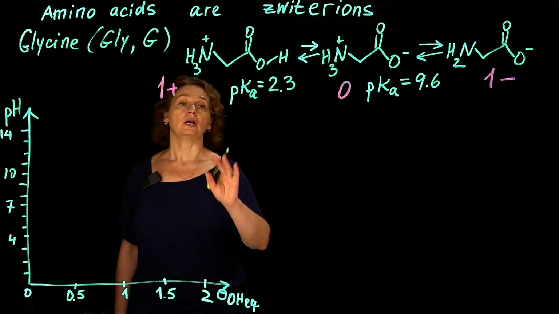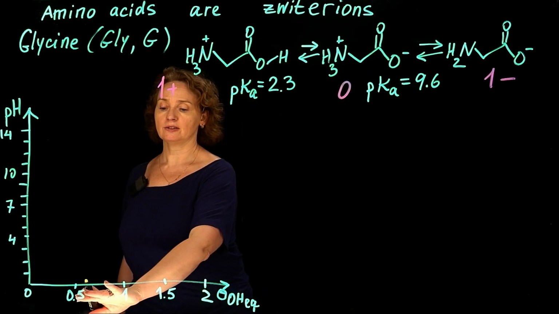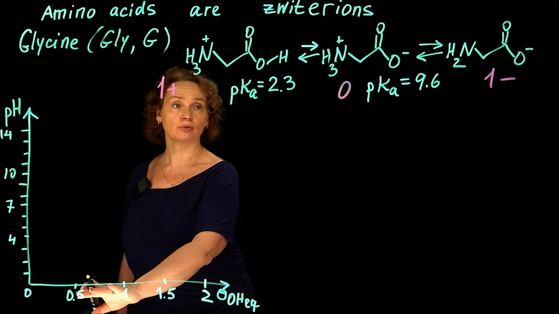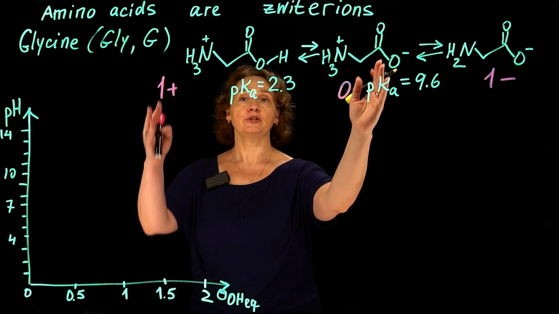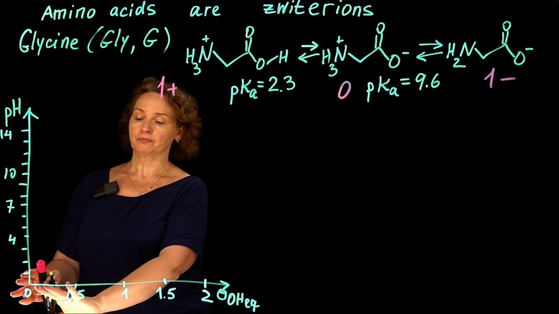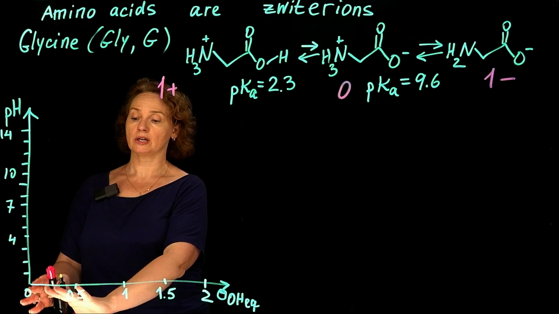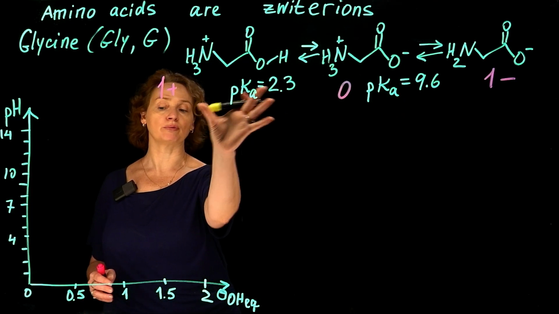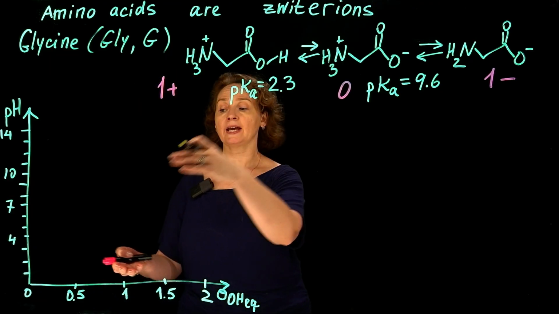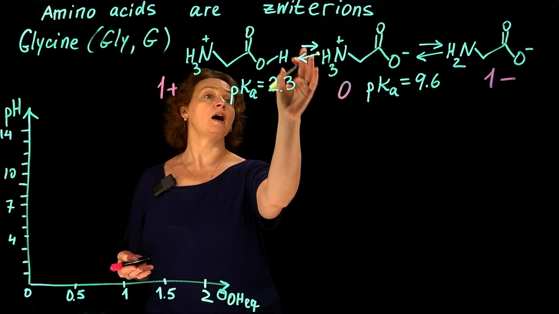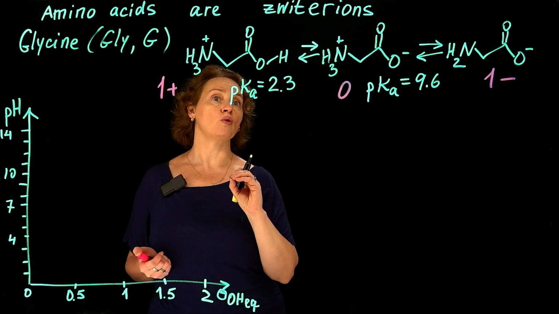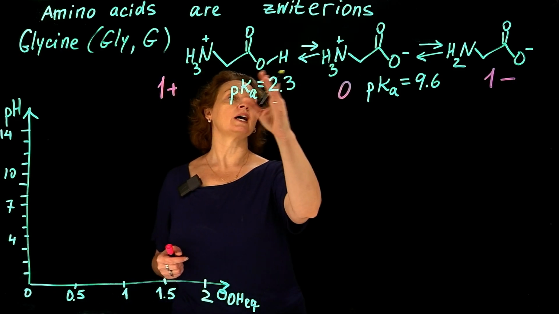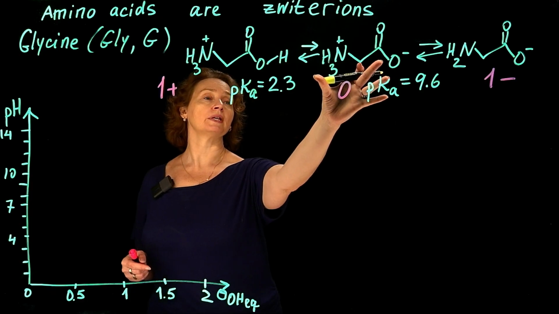Okay, so what happens if you add 0.5 equivalents of sodium hydroxide? So we start with no sodium hydroxide, a very acidic pH here, so we're starting with that form. And if we start adding some sodium hydroxide, some molecules of the most protonated form of glycine start being deprotonated, forming its conjugate base.